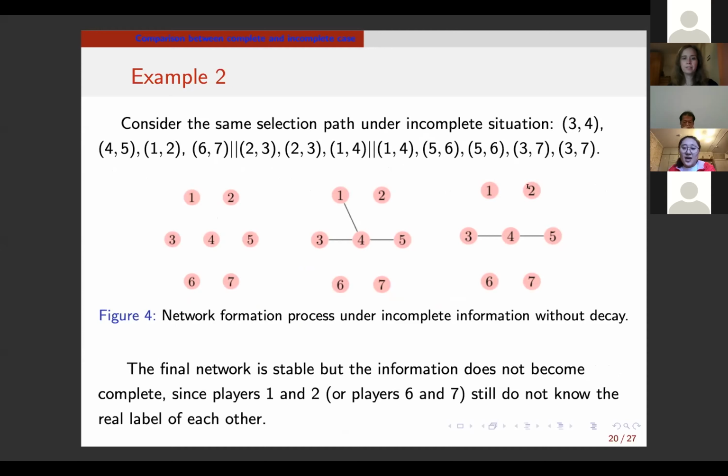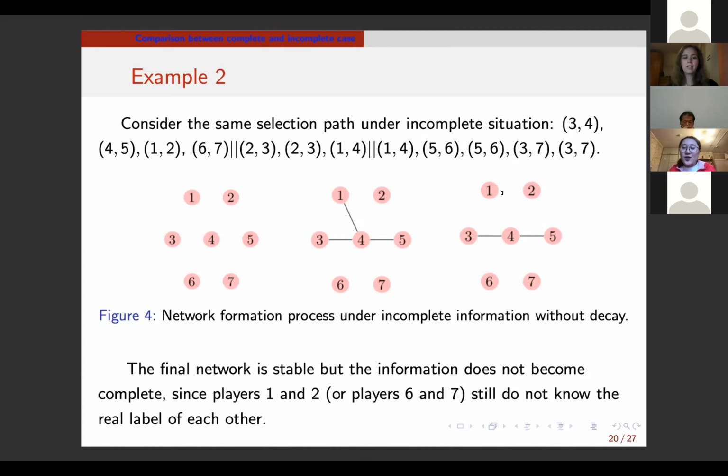But what is very important is that this final network is also stable, though information doesn't become complete, because player 1 and player 2 don't know the exact group label of each other, and also player 3 and player 7.